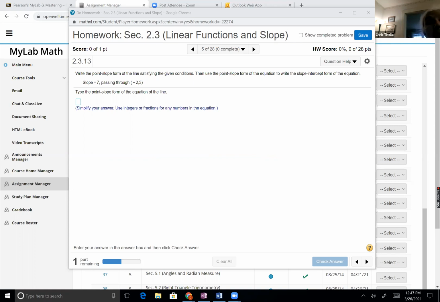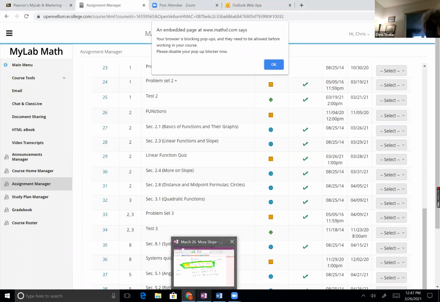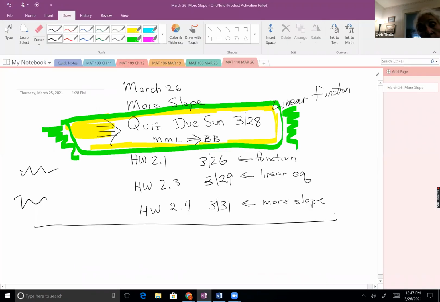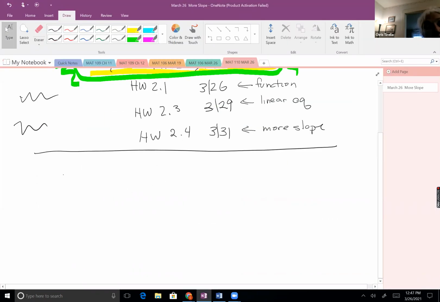And we had left off with that idea of finding the equation of the line using the point slope formula. Any other questions on the homework? So then we left off with that point slope formula.